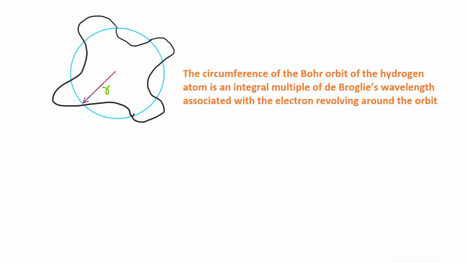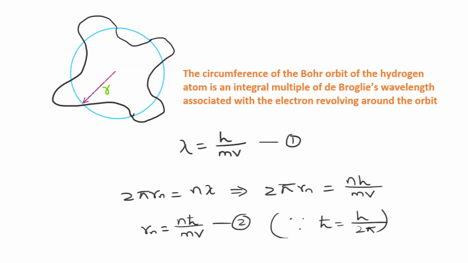So in the Bohr orbit, its circumference is equal to an integral multiple of the de Broglie wavelength associated with the electron revolving around the orbit. So Bohr and de Broglie suggested that the number of wavelengths is equal to the circumference of the Bohr orbit. Here the de Broglie wavelength lambda is equal to h by mv, which is the first equation, and as it is an integral multiple of lambda, the circumference is 2 pi Rn.